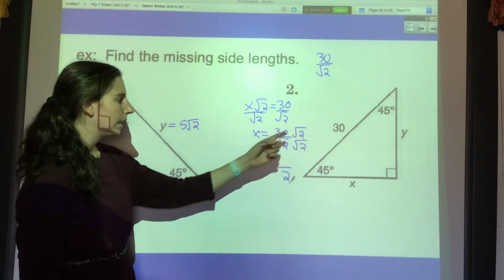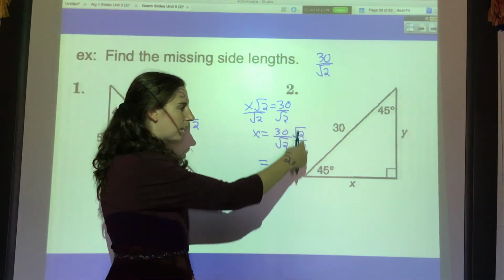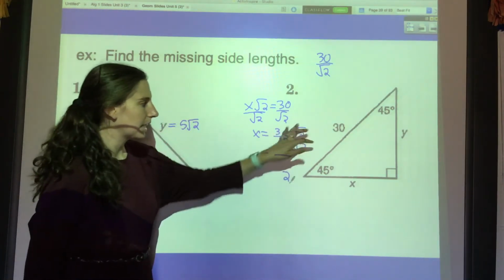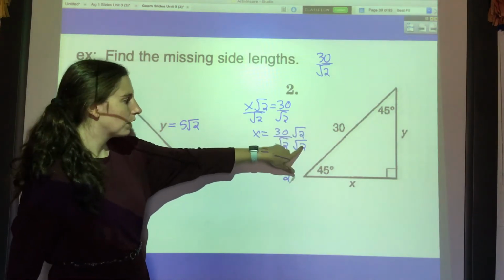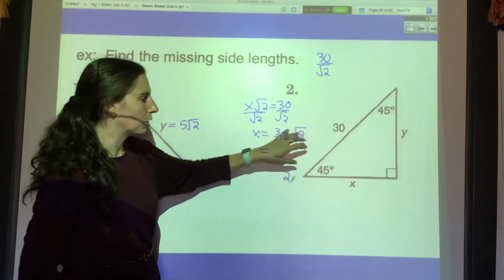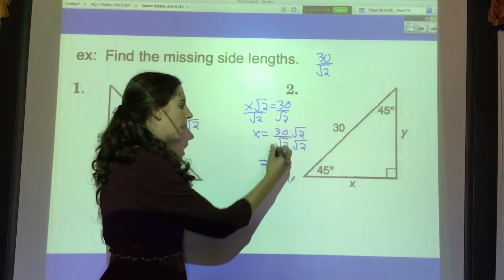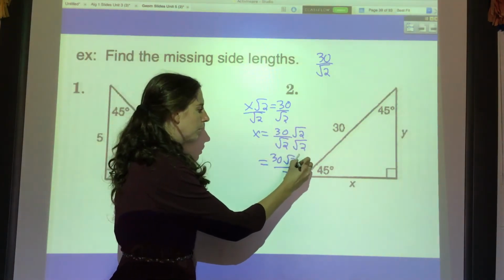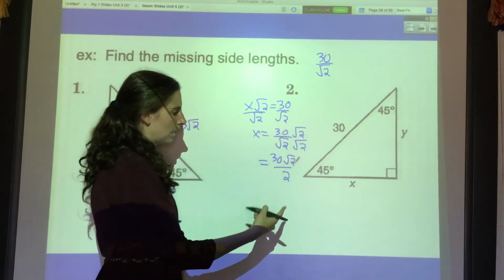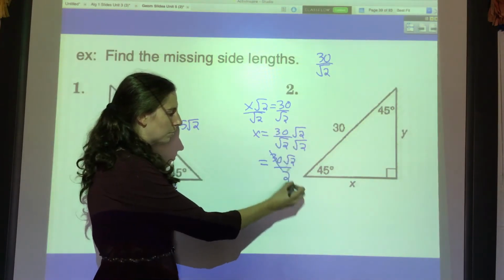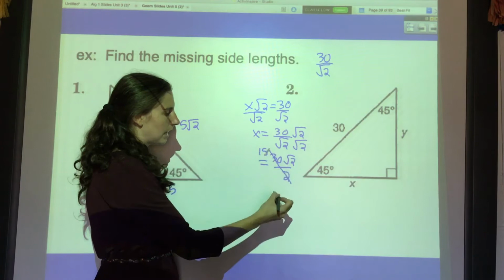Up top now, the reason I multiplied it on top and the bottom is because that keeps it balanced. This over this is technically just a 1, and if I multiply it by a 1, it doesn't change the fraction. So on top I now have 30 square root of 2, and then 30 over 2 simplifies and just leaves 15.